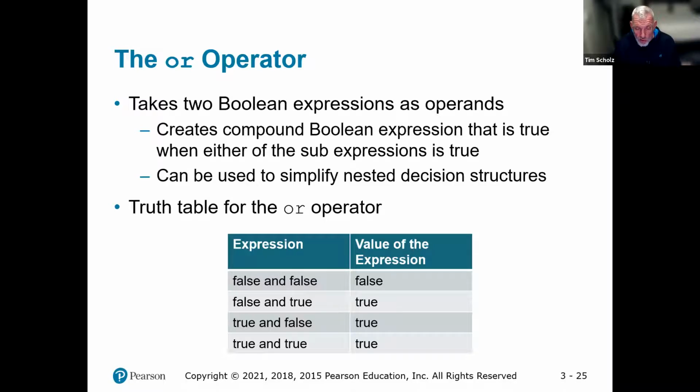If I have false or true, then the statement evaluates to true, because for your or operator, only one expression has to be true for the entire or expression to be true. So false or true evaluates to true, true or false evaluates to true, and definitely true or true evaluates to true.